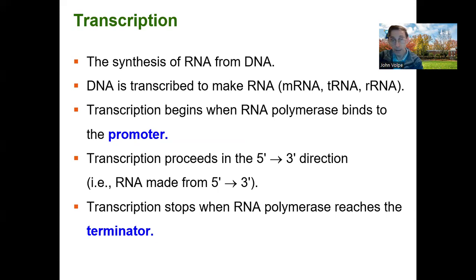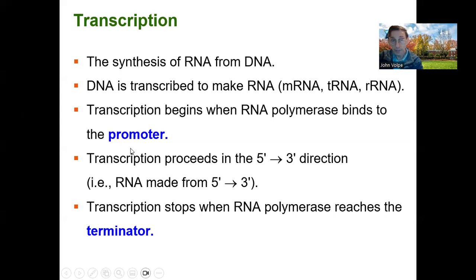But when the RNA polymerase reaches the terminator, which is a region of DNA that codes for the RNA polymerase to fall off, the RNA polymerase falls off the DNA, and that'll stop transcription. So upstream of a gene will be a region of DNA called the promoter, encoding for the RNA polymerase to bind to it.